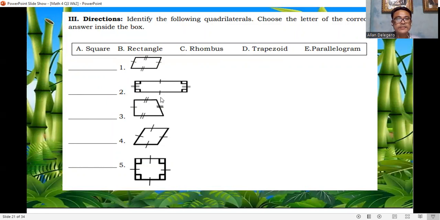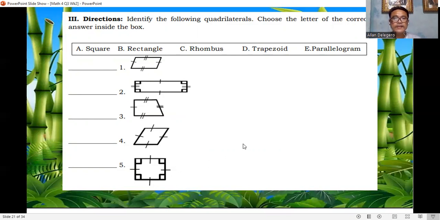Opposite sides are equal. Number 3, the 2 bases are parallel. Number 4, number 5.